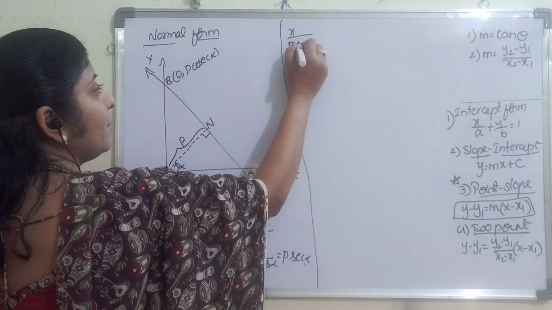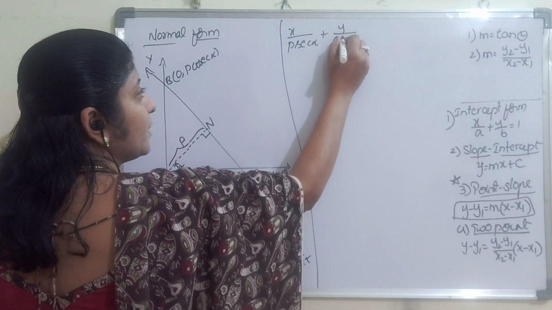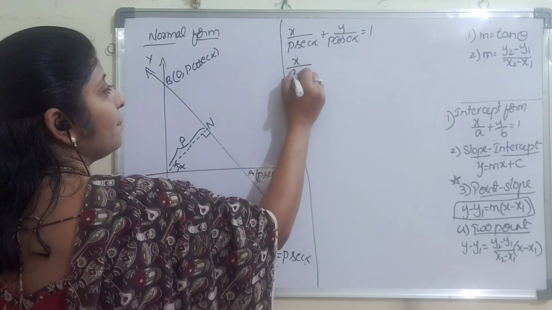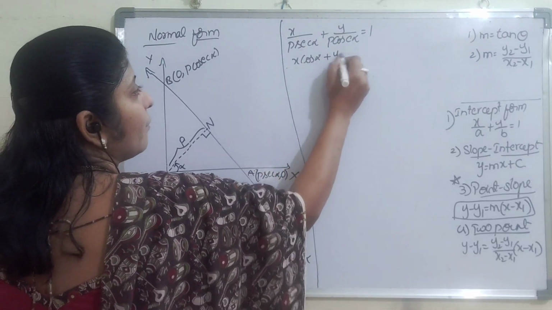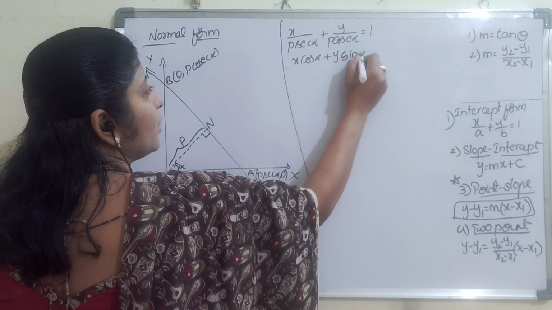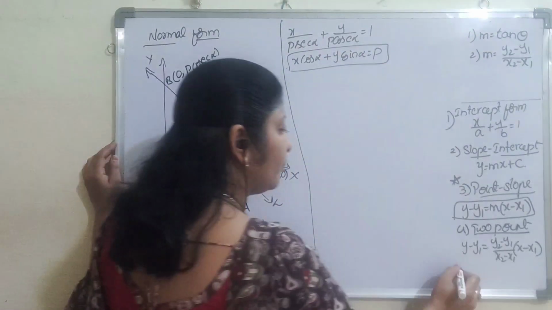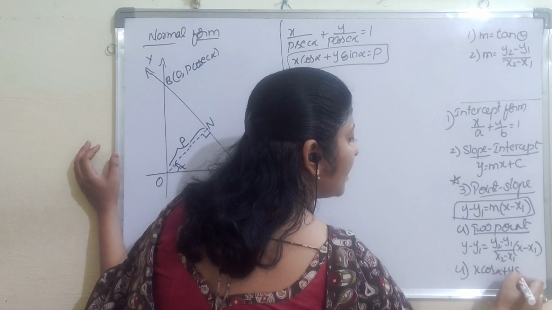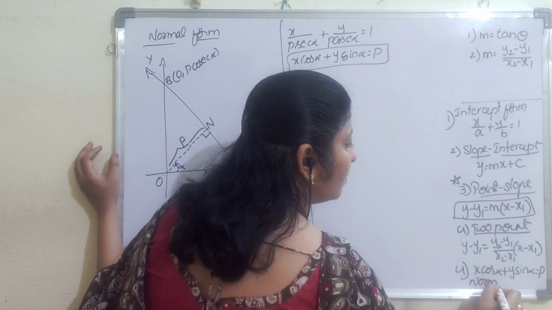So we can write x by P secant alpha plus y by P cosecant alpha equal to 1. So x cos alpha plus y sin alpha equal to P. This is called the normal form. So the fourth one, x cos alpha plus y sin alpha equal to P, normal form.